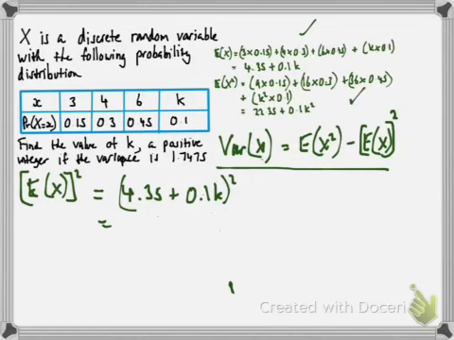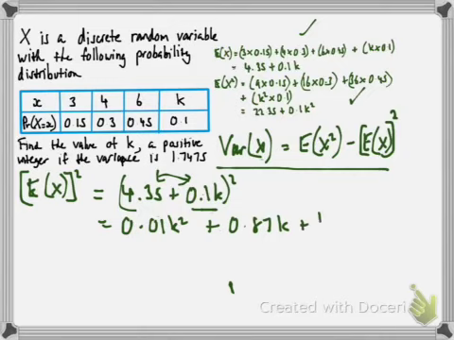If we multiply that out, we get 0.01k squared, and that comes from 0.1 times 0.1, plus 0.87k, that's by multiplying those two together and doubling it. You can do that on a calculator. Plus 18.9225, which is also done on the calculator. You can expand those sort of things on the calculator anyway, but it's up to you which way you do it. So that's E of x squared.